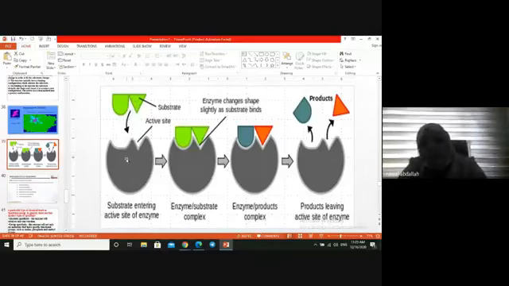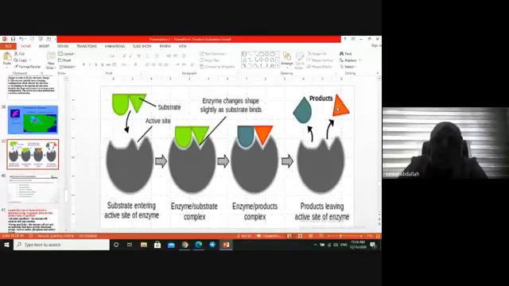After the reaction occurs between them by peptide bond or peptide linkage, it is converted into the enzyme substrate complex, then into the enzyme product complex, equal to product and enzyme.